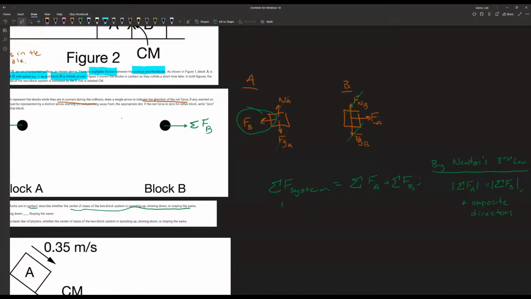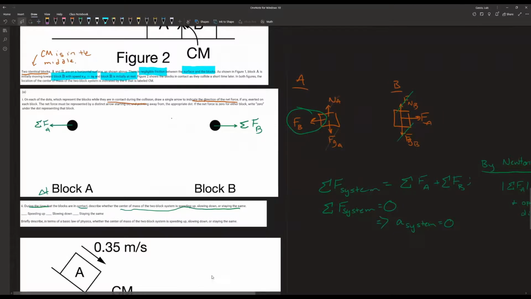So what we find out is that the net force on the system is going to be 0. So that tells us that the acceleration of the system is equal to 0. So the velocity of the center of the system here is going to stay the same.